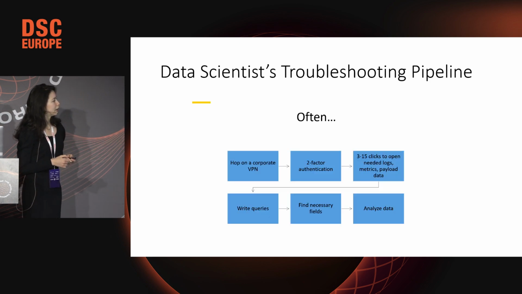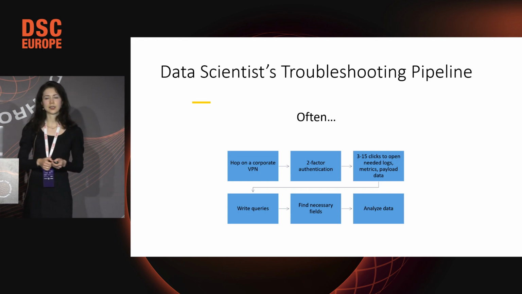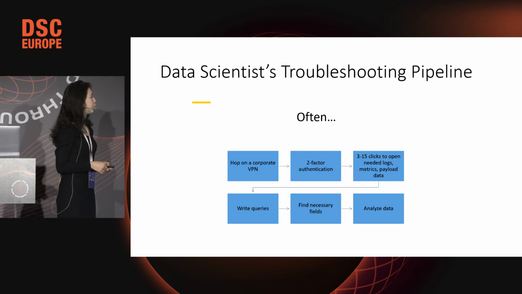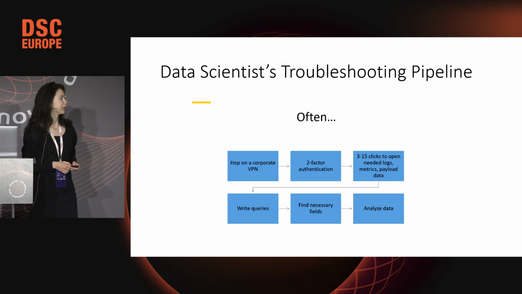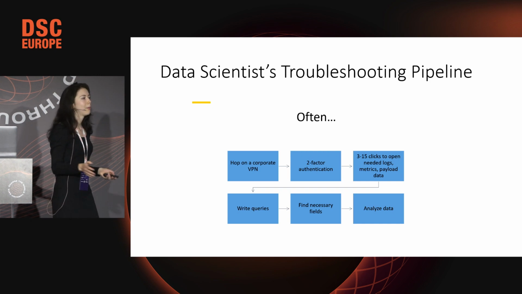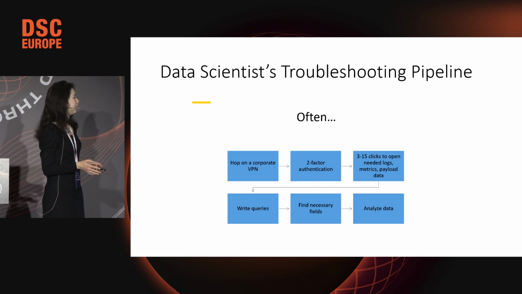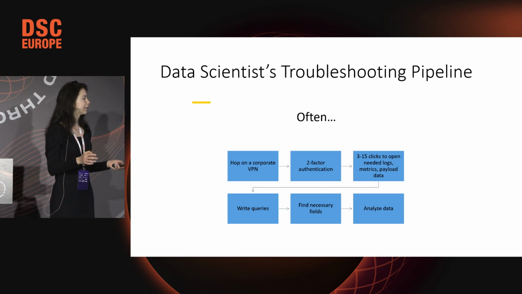So let's go further. And here's the usual pipeline when debugging an issue as a data scientist very often. So we hop on the corporate VPN, and then we very often perform the two-factor authentication, and then we do clicks and go to needed dashboards we built or to run queries.